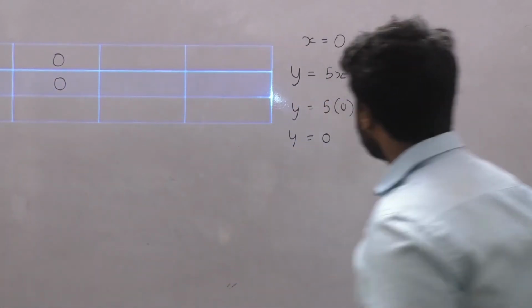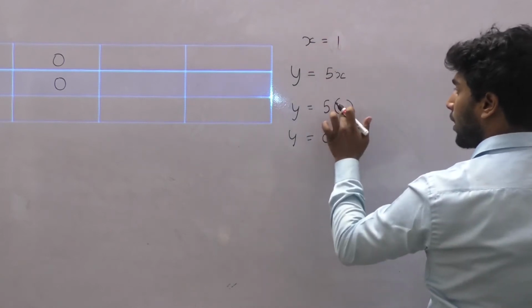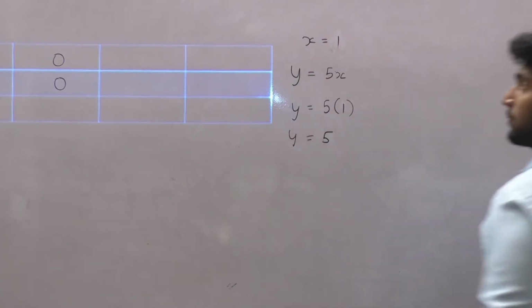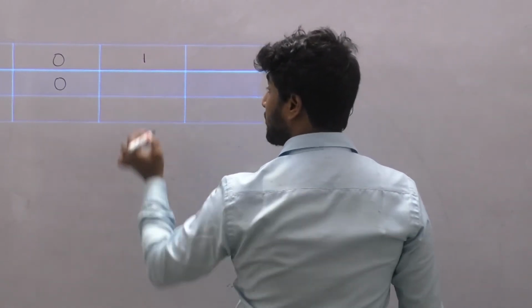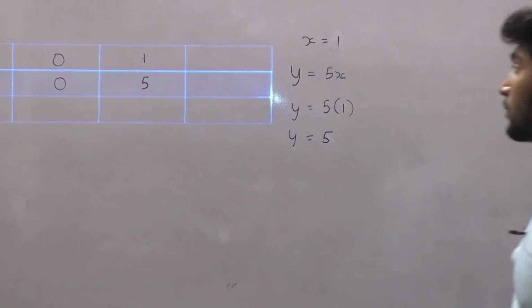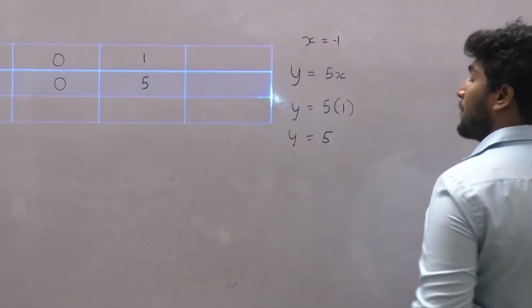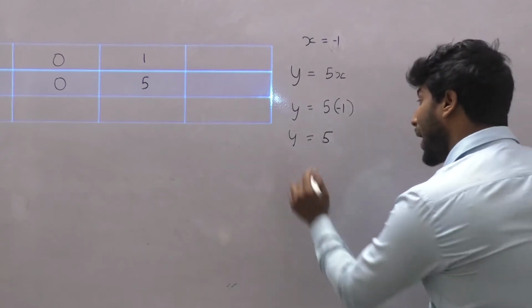When we assume the value of x as 1, we get the value of y as 5. Let me assume the value of x as minus 1. When we assume the value of x as minus 1, we get the value of y as minus 5.